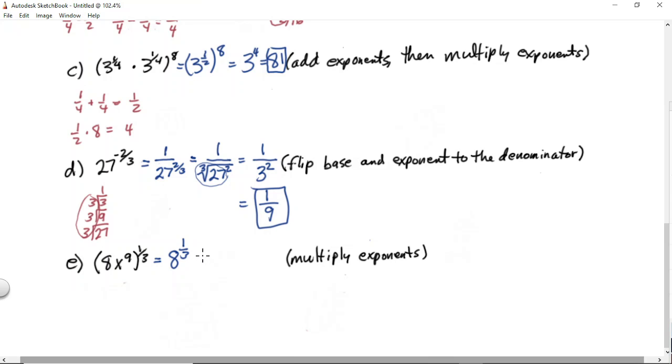And then for the x, I'll backtrack a little bit, because this is 8 to the first power, right? So you multiply 1 times 1/3 is 1/3. And you can also just think of that as applying that 1/3 to the 8. 8 to the 1/3. Since the exponent on the 8 is 1, multiplying, that's what you get.